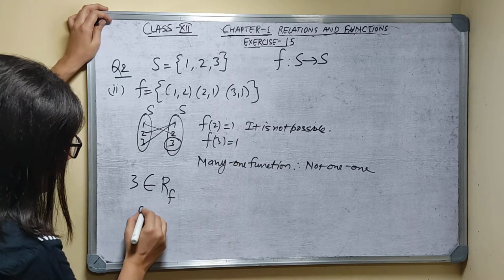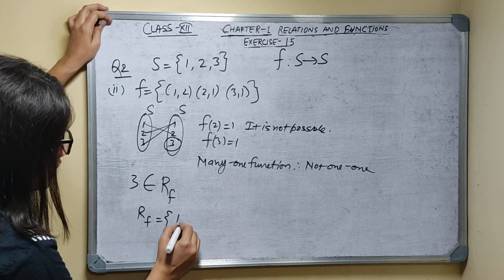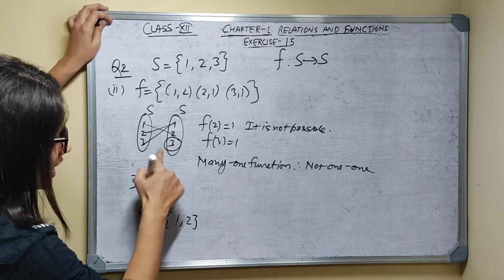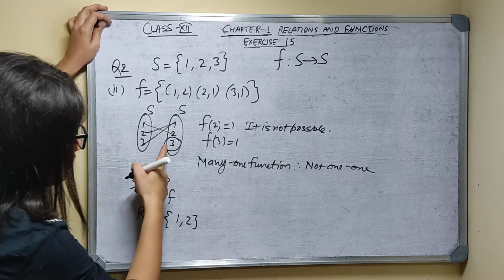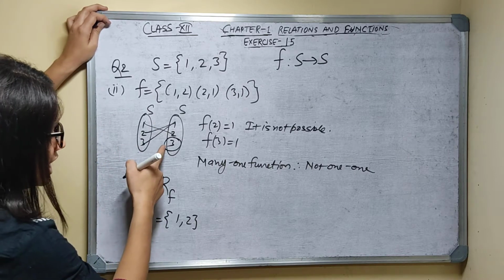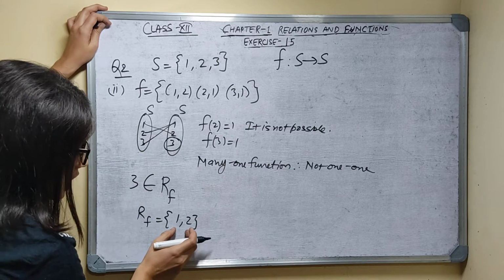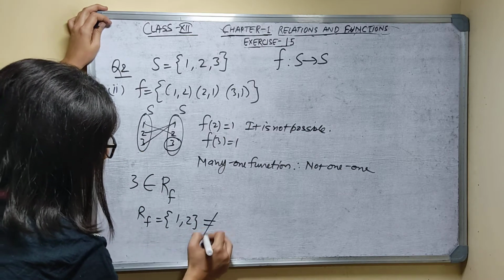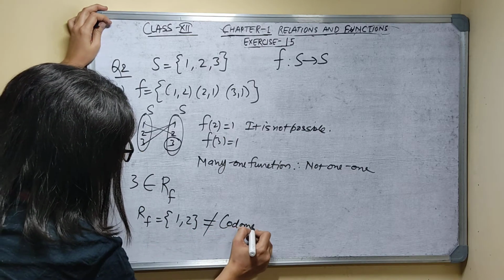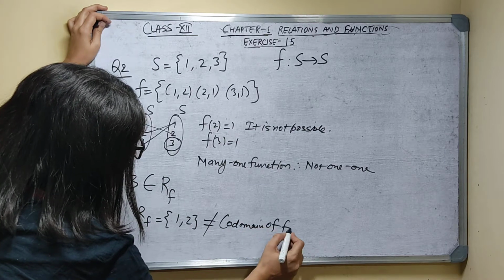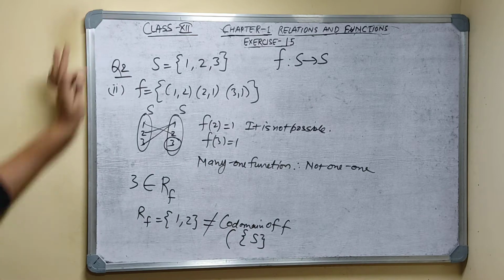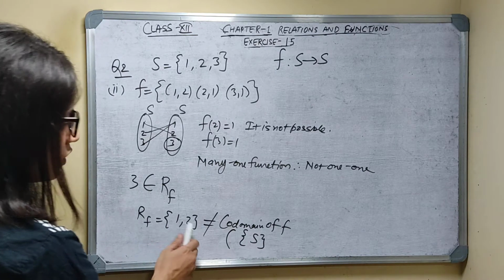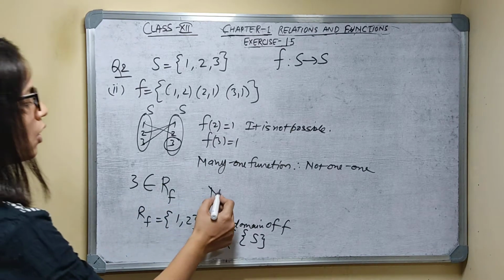So here the range Rf is only {1, 2}. 3 is not the image of any element of X. So the range {1, 2} is not equal to the codomain of F, because the codomain of F is S, that is {1, 2, 3}, but the range is {1, 2}. So I can say this is not onto also.